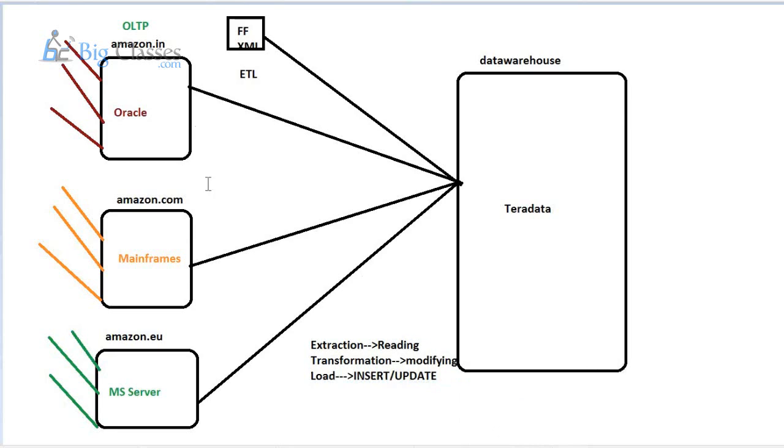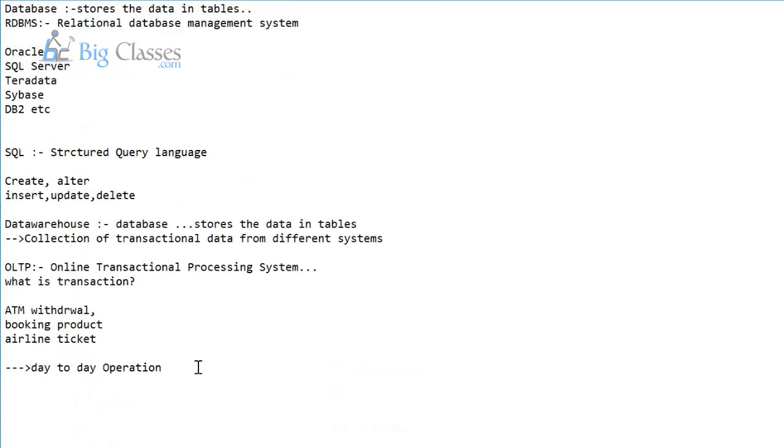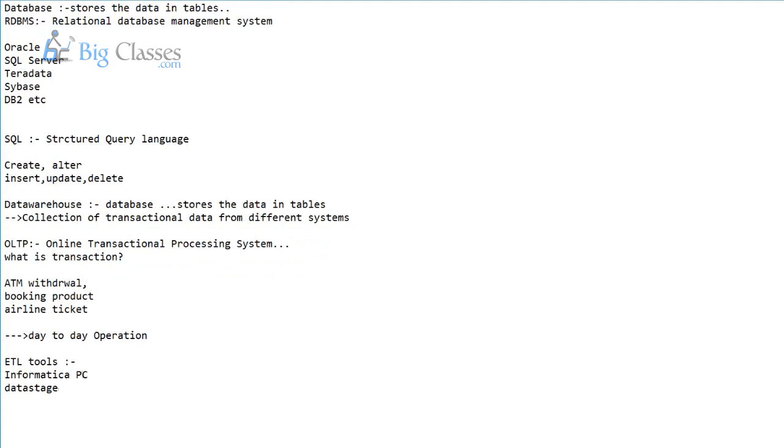So to do this ETL process and to integrate the data from all these transactional systems into a centralized data warehouse, we have various ETL tools. There are many ETL tools. Informatica PowerCenter is one ETL tool, and DataStage is one ETL tool.